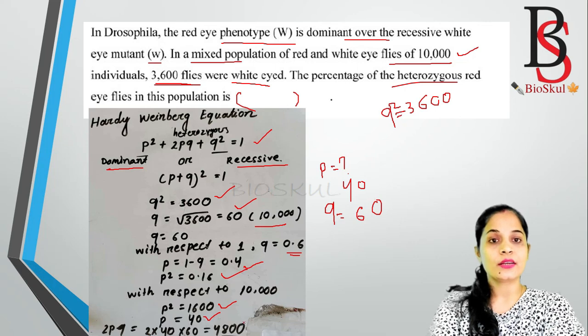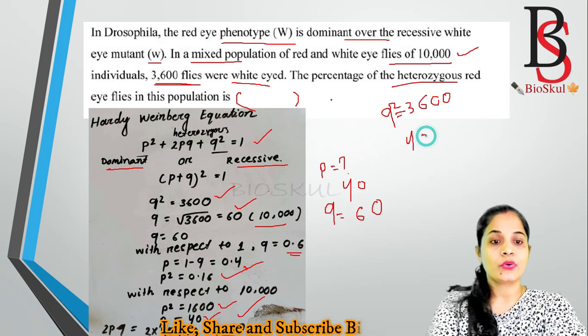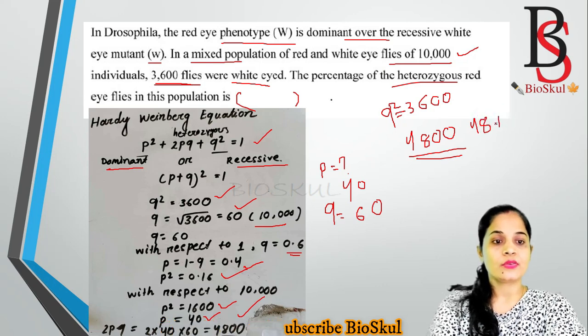Now we can calculate 2pq, which is 4,800. But it is asking for the percentage of heterozygous. 4,800 is 48% of 10,000, right? So the correct answer will be 48%.